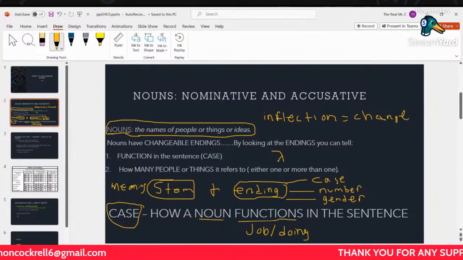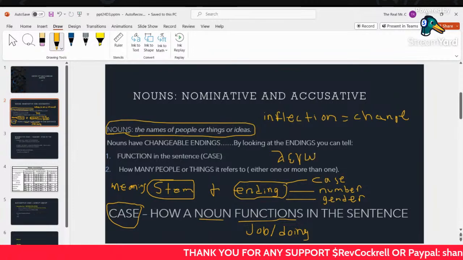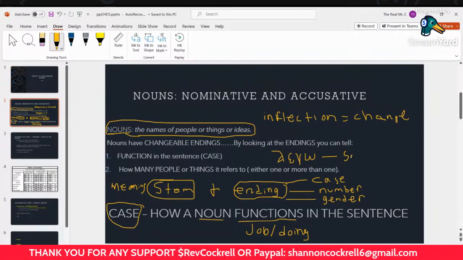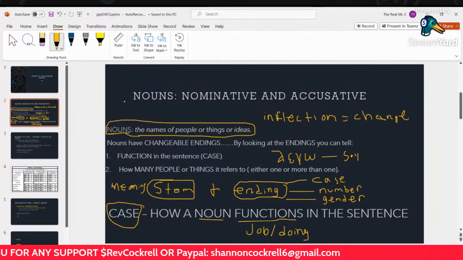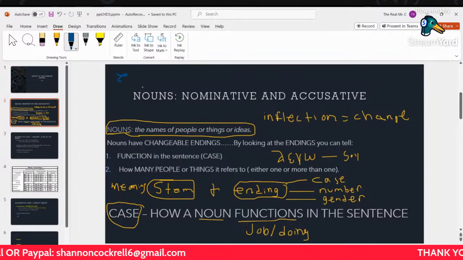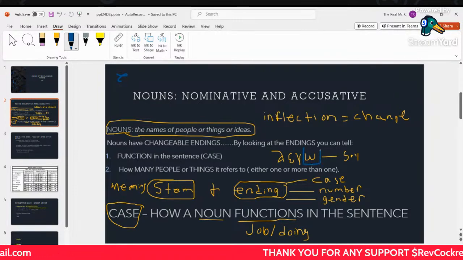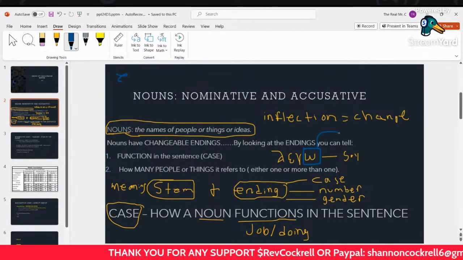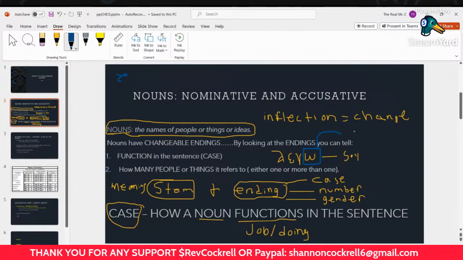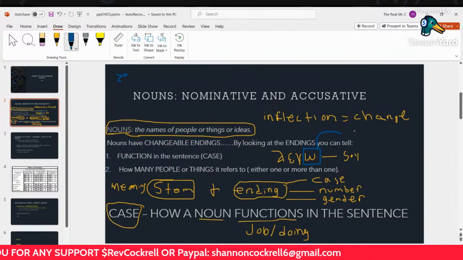So if we look at lego, I say, to say or to speak. This omicron, this omega here, this is your ending.